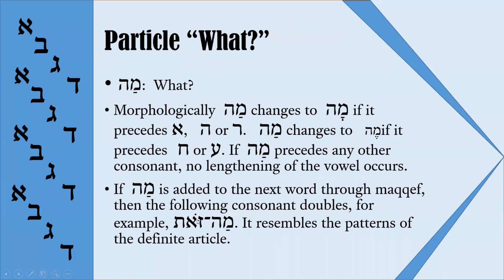And what is also important, when it is connected to another word with the maqef, the first letter has dagesh forte. So it will be a sign that the interrogative particle was added to the word, and it is very similar to the definite article.